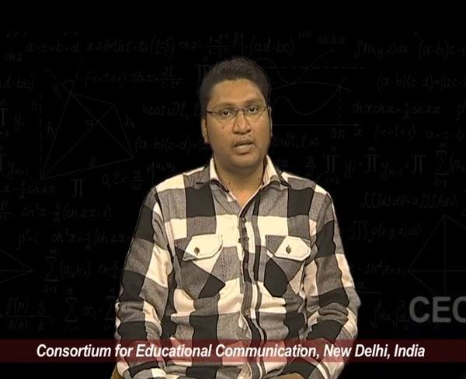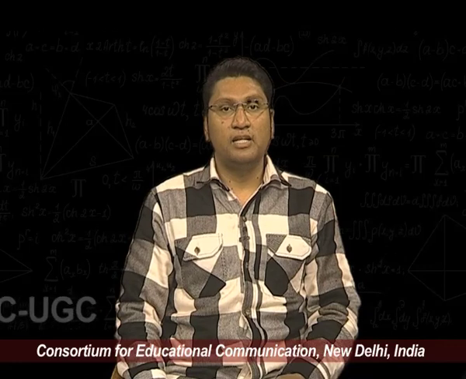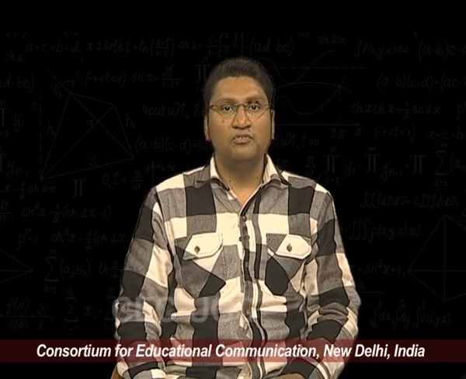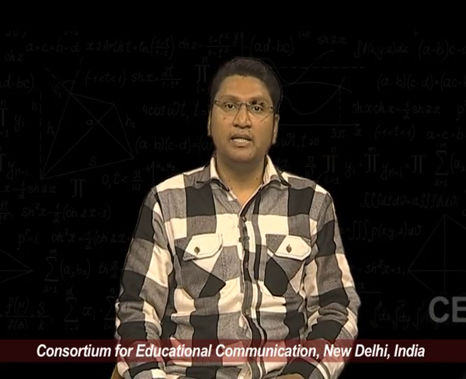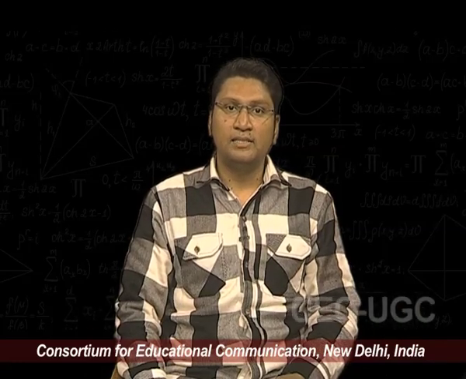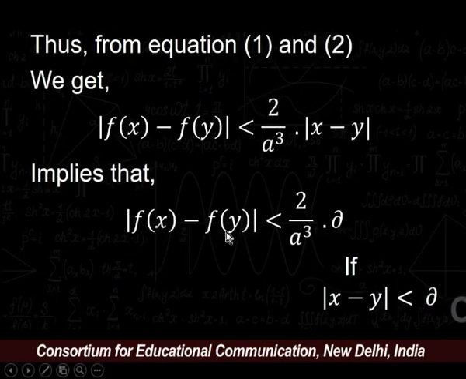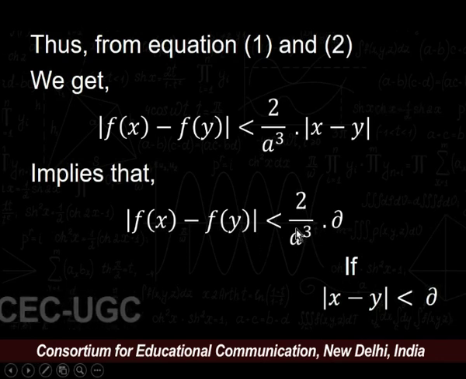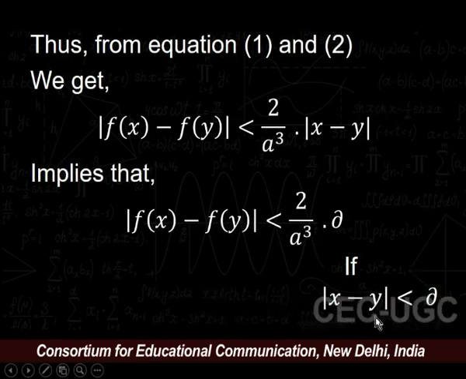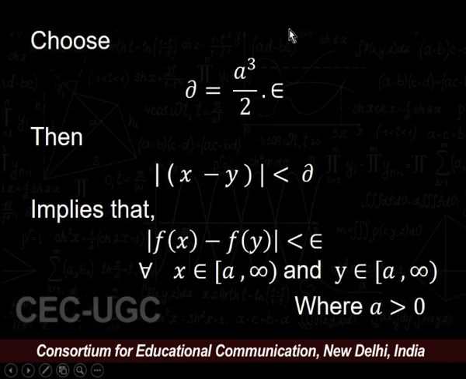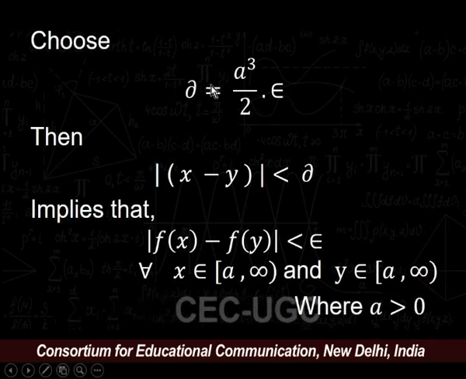Thus, from equation number 1 and equation number 2, we get |f(x) − f(y)| ≤ (2/a³)|x − y|. This implies that |f(x) − f(y)| < (2/a³)·delta if we choose |x − y| < delta. So, now we need to choose our delta in terms of epsilon.